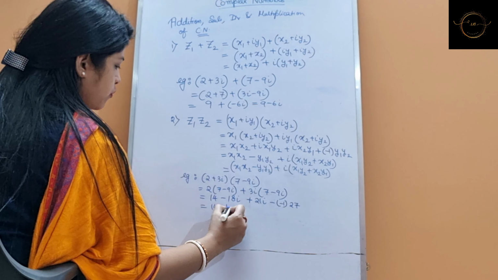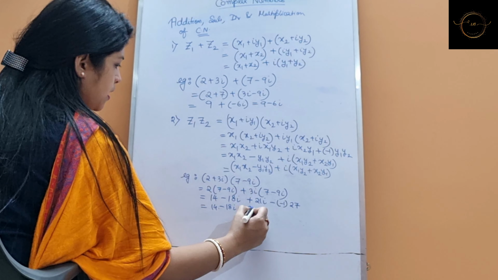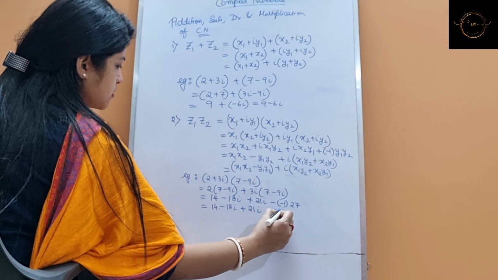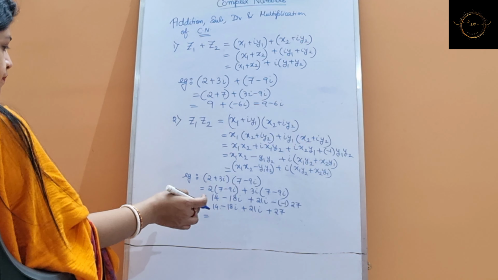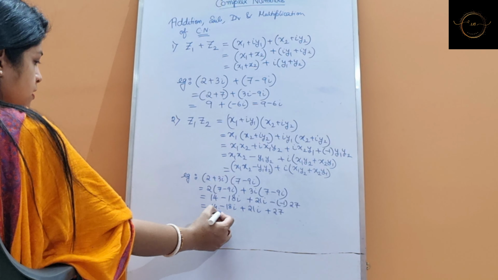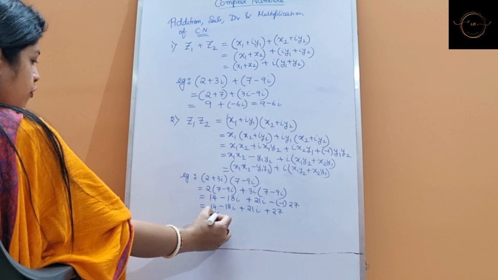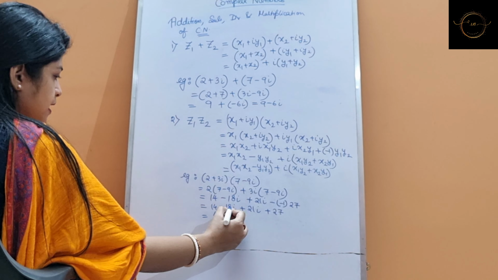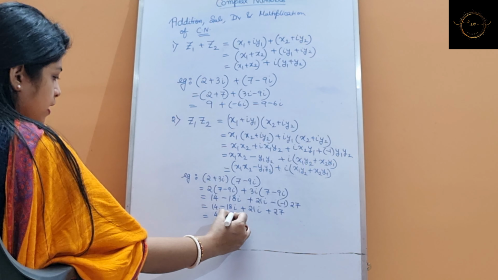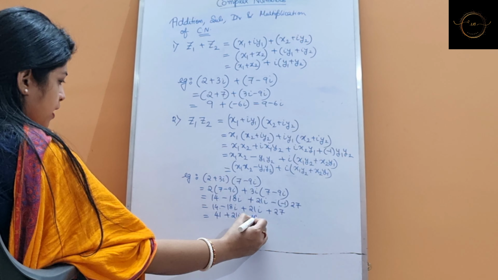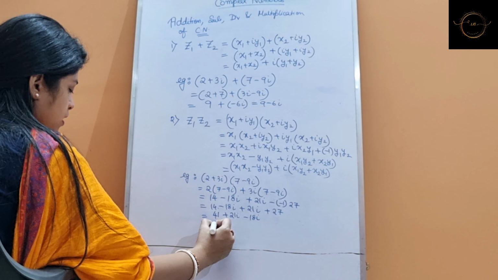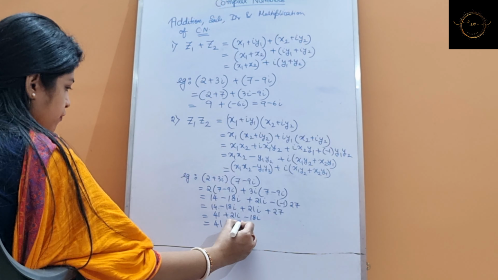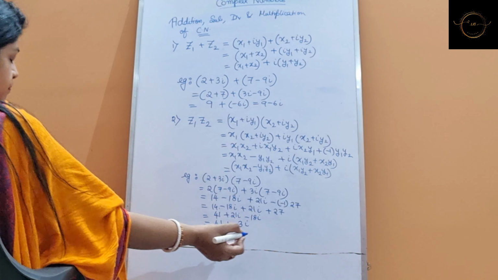So this is coming 14 minus 18i plus 21i plus 27. So we will get 14 plus 27, this is coming 41, minus 18i plus 21i. So I can write this as plus 21 minus 18, so this is coming plus 3i.